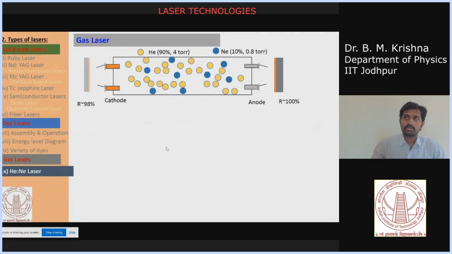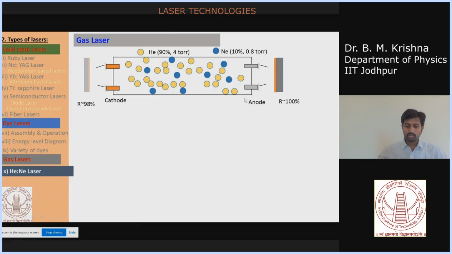In gas lasers, a wide range of gas molecules are available as an active medium. We already discussed briefly the helium neon laser. So in general, how do you measure the pressure?